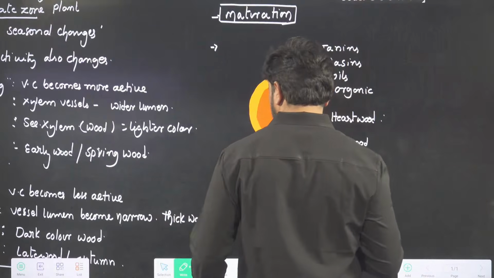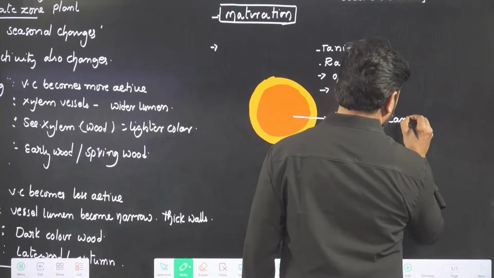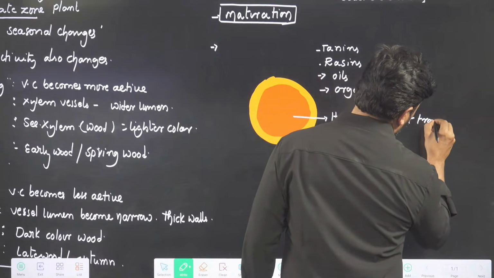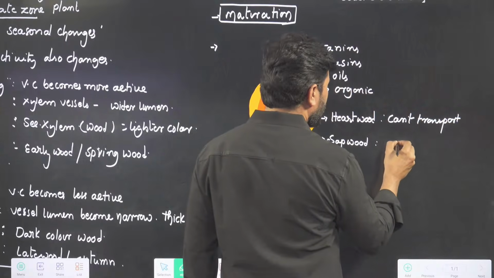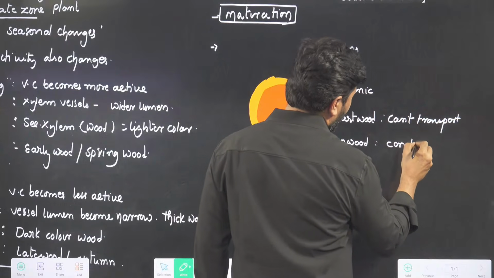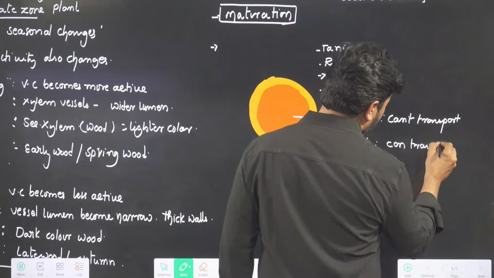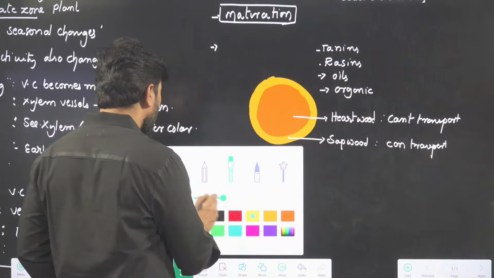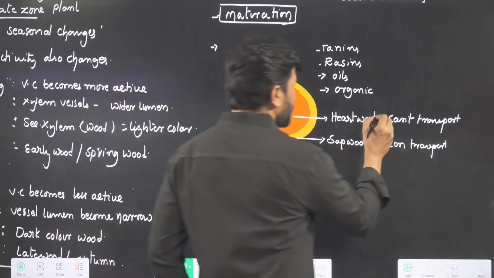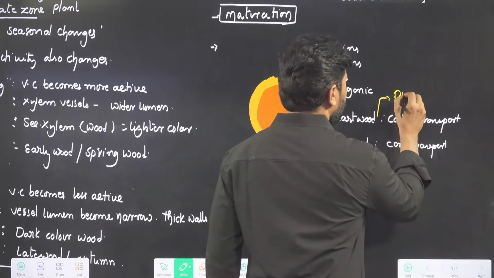It never transports water. Sapwood, which is light in color, can transport water. Heartwood has another name, duramen.